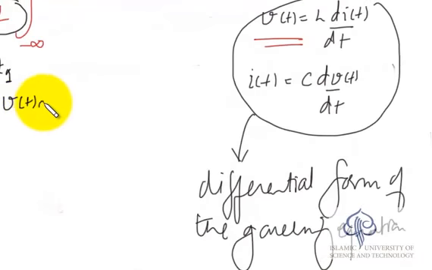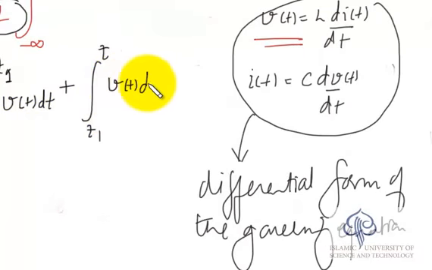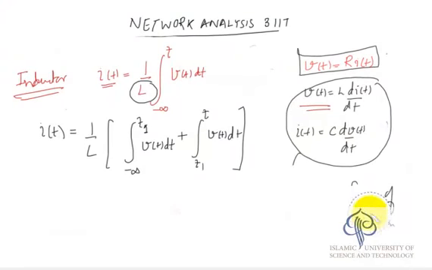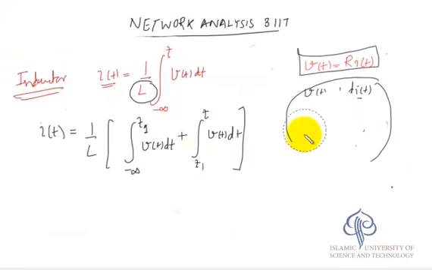We are breaking it at t1, plus the integral from t1 to t of Vt dt. Again, this is your choice. You are breaking the integral at some point t1. There's nothing wrong in it. This can be done mathematically.